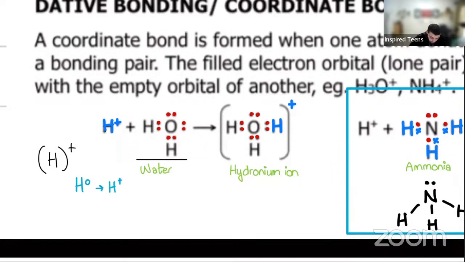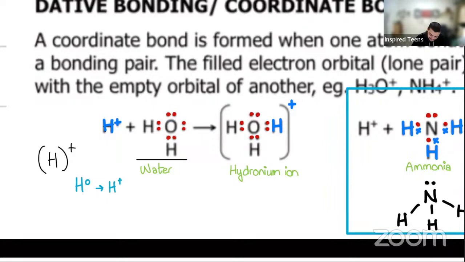So when this guy reacts with something like NH3. Now, sorry, this is H2O actually. If you look at H2O, water, H2O has 2 lone pairs. So it has 2 pairs, 1, 2, that are sitting around doing nothing, not bonding with anything. So this is like the perfect match, because we have one guy that has no electrons, and then this molecule that has just this lone pair hanging around.